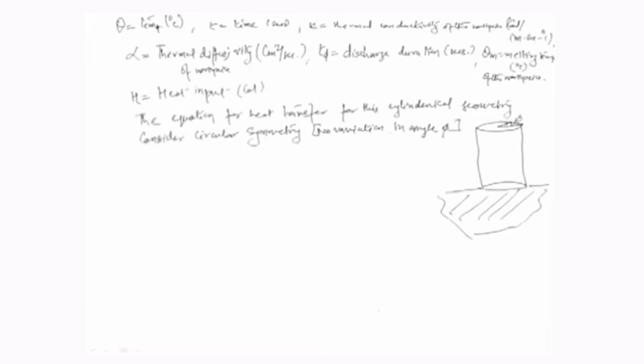Then the way that temperature behaves in time, d theta by dt, is represented as thermal diffusivity alpha times the second derivative of theta with respect to the radial distance, plus 1 by r del theta by del r, plus del 2 theta by del z2, and z is basically the variation in this direction. This is the z direction, this really is the r direction, and this exactly is the angular variation.